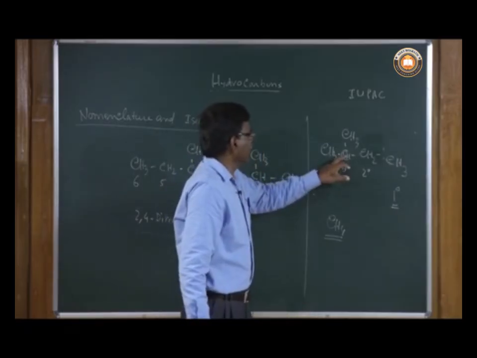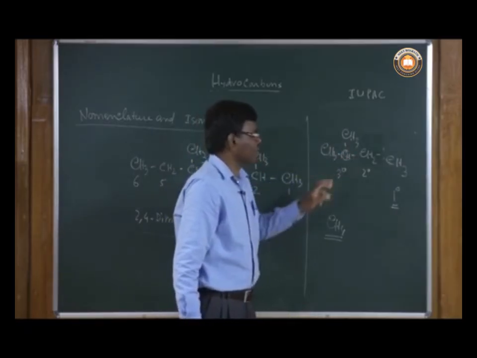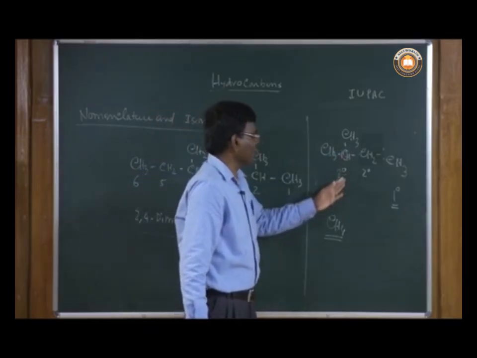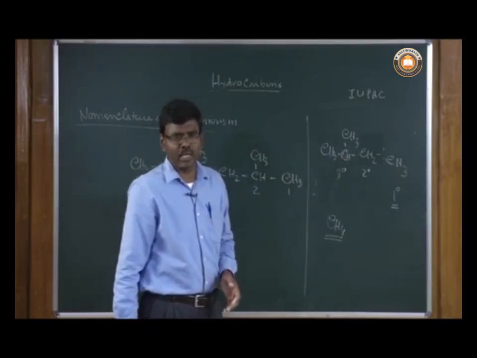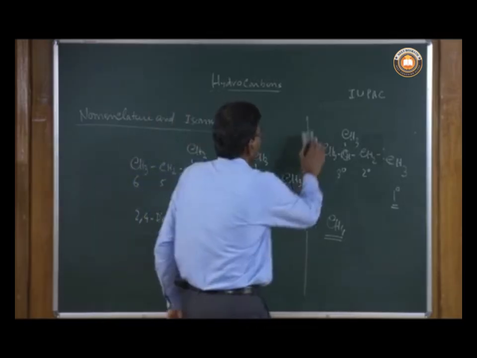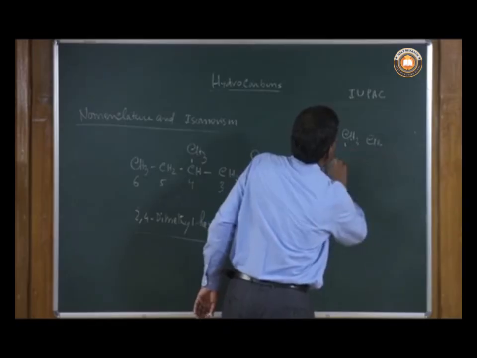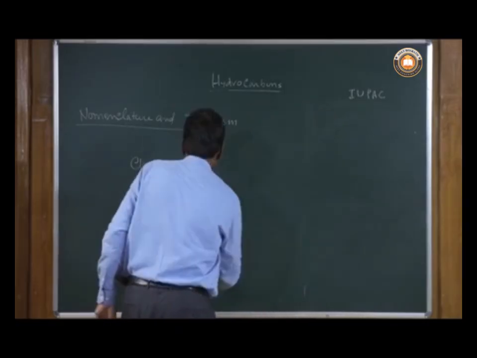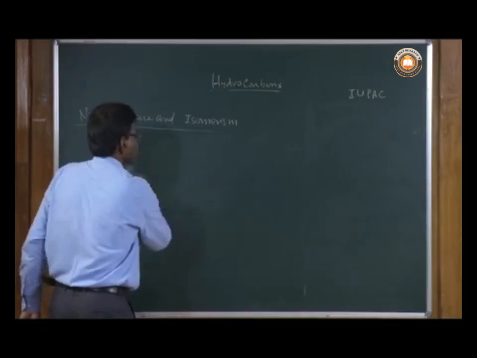So, this means this carbon is bonded with 3 carbon atoms, right, and if it is bonded with another carbon, we call this a quaternary carbon atom. This is followed by the nomenclature.